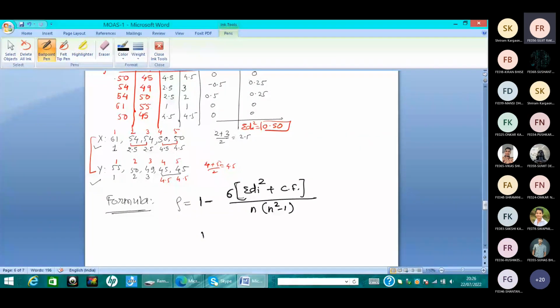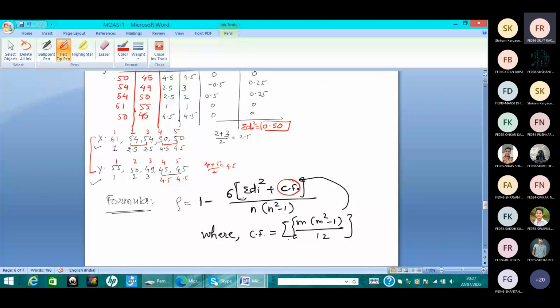But you should quickly write down what the correction factor is. So the correction factor is summation m into m square minus 1 upon 12. Okay, you must write this. So usually in the formula, this entire term is here, but it may create a problem for you. That's why I have called it a correction factor and explained what the correction factor formula is here.